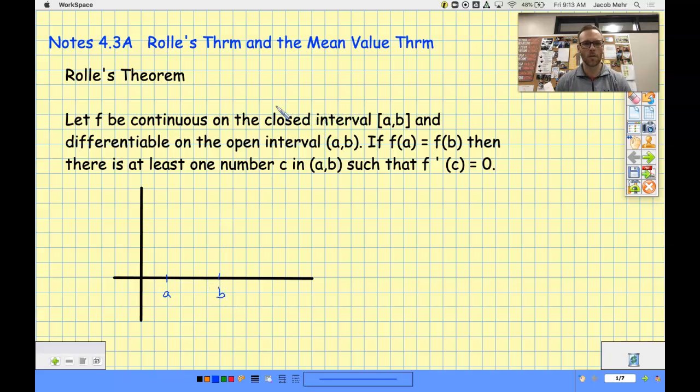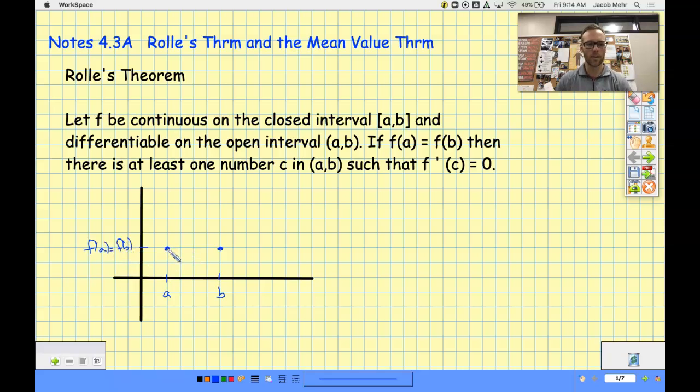Now it's going to be a continuous and differentiable function on that interval. I'm not going to draw it yet, though, because I'm looking at this criteria. If f of a equals f of b, that means they have the same y value. So let's say we're here and we're there. That's f of a and f of b, and they are equal.